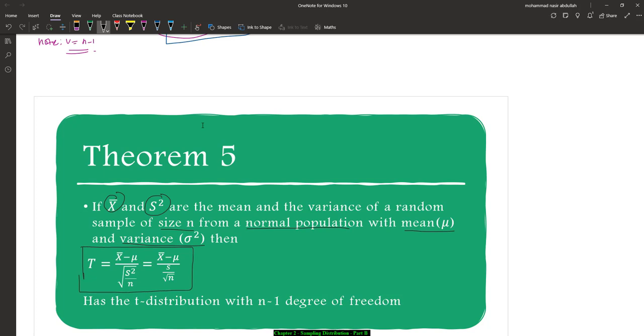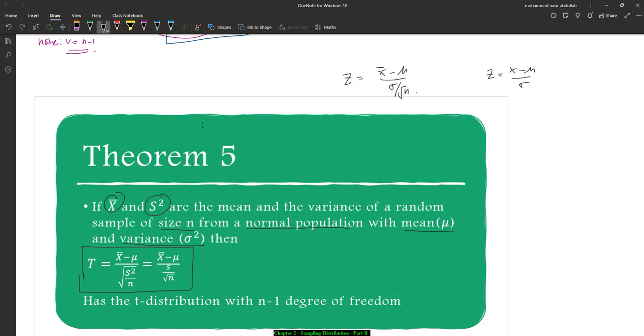So remember, for z distribution, right, x bar minus mu divided by sigma over square root of n. So this is for sampling distribution, right? So for simple random variable, right, x minus mu divided by sigma, right?